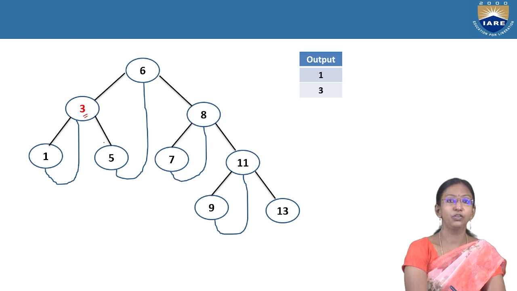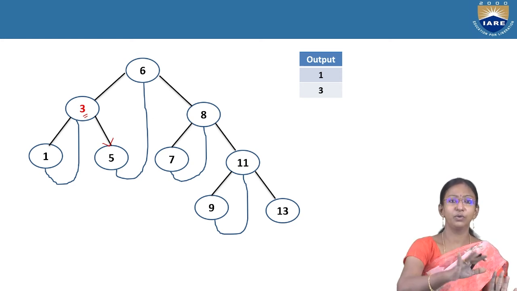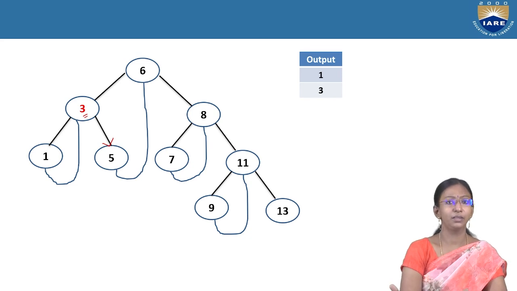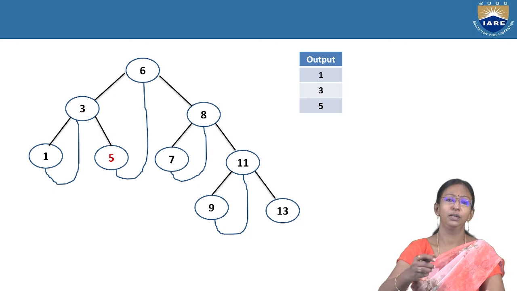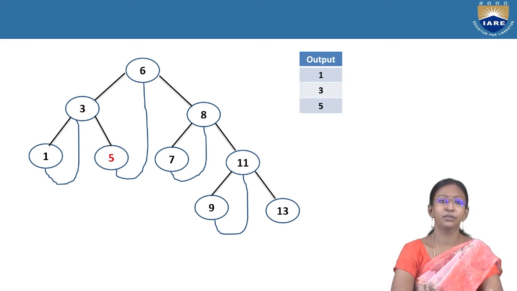Then in which direction are you going to move? That is the right child, right? That is the only way. Passing towards the left is done. Parent is done. Now we have to run towards the right. What is the element on the right? 5. So the next character in the infix expression will be 5, right?